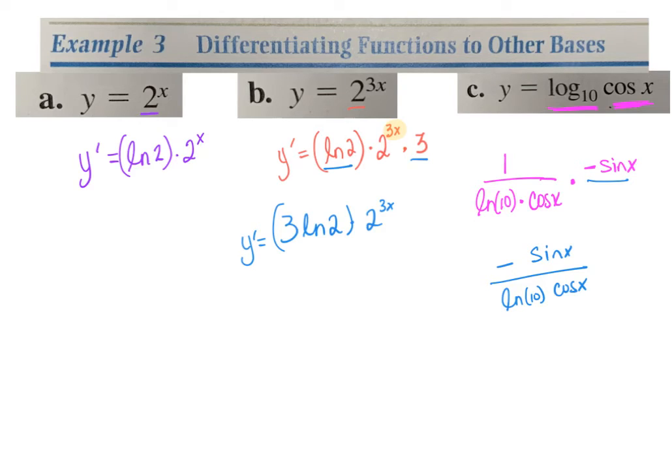Sine of x over cosine of x can simplify. What is the sine of x over the cosine of x? Tangent. So this is negative 1 over the natural log of 10 times the tangent of x. That would be my derivative there.